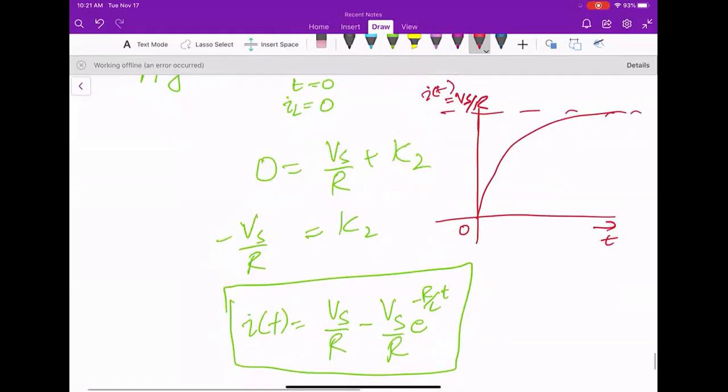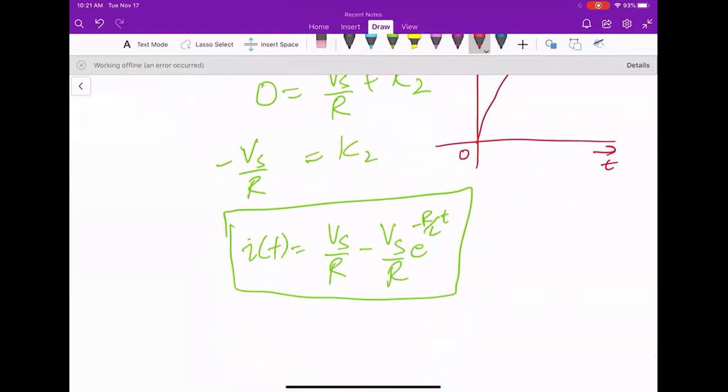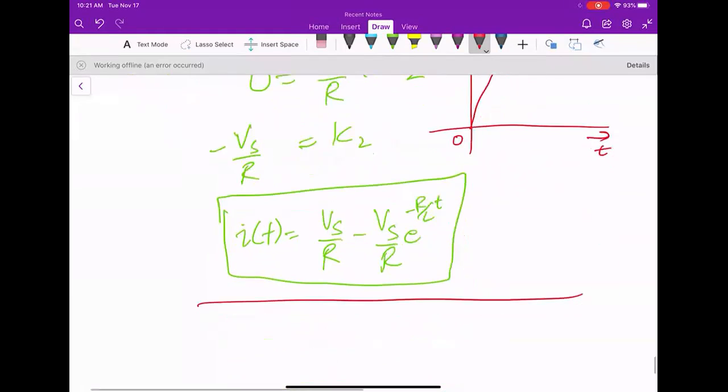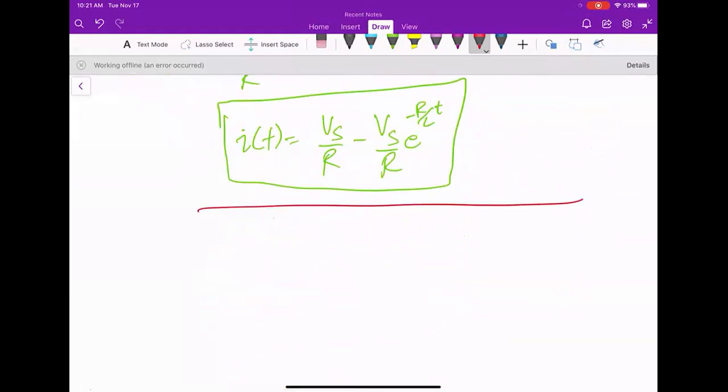Okay, so if you pay a little bit more attention, you know that what we have done, we need three things here. We need to find K1, K2, and tau, right? So for finding K1, I used steady state condition. And for finding K2, I used initial condition, right?